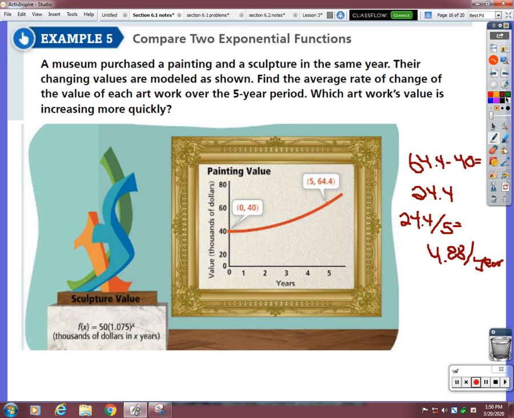Okay? All right, for this other guy over here, we need a little bit more information. We know that its starting value is $50,000, but then I need to figure out what the value of that is going to be 5 years from now, so I can compare that with the other one. So on my calculator, I'm going to type in 50 times 1.075 to the 5th power.